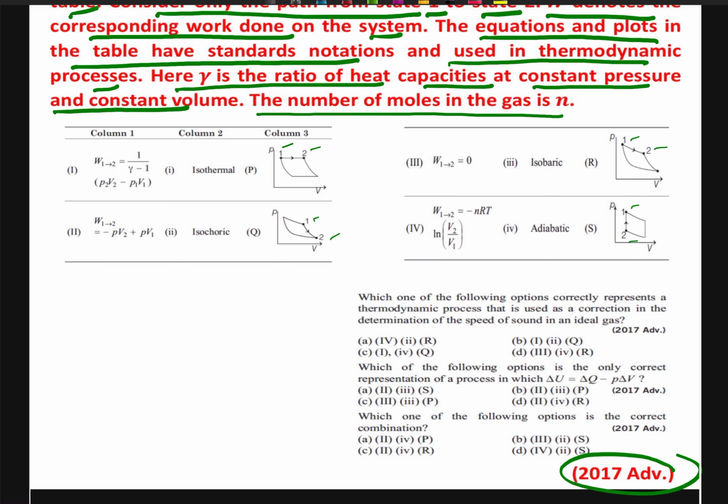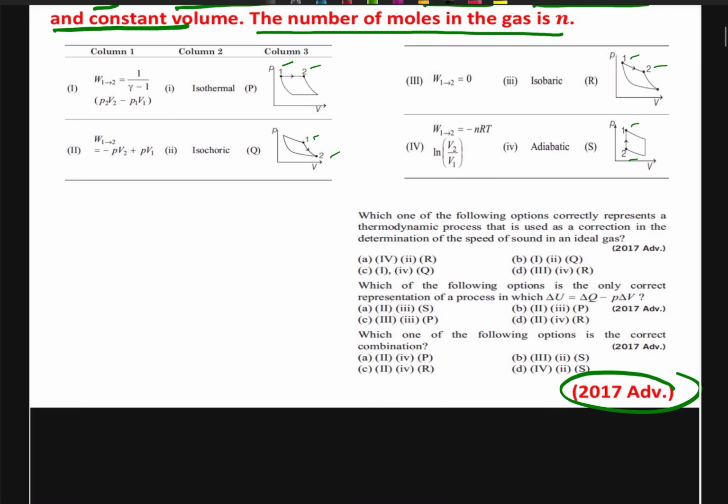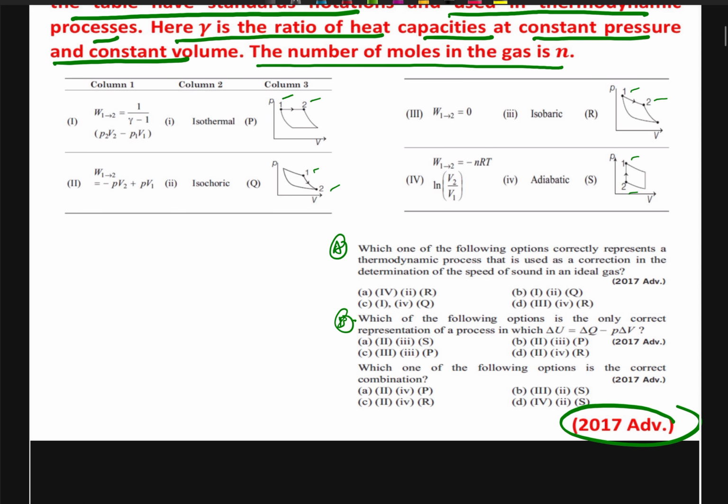So based on this we are having two questions in part A and there is part B. So first of all, basically it is asking that the column 1 we are given the various work done associated, and in column 2 we are giving various processes. So we have to match these processes along with their work done equations.